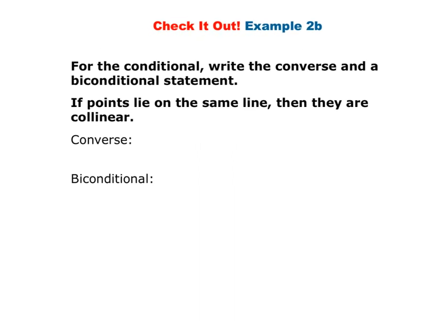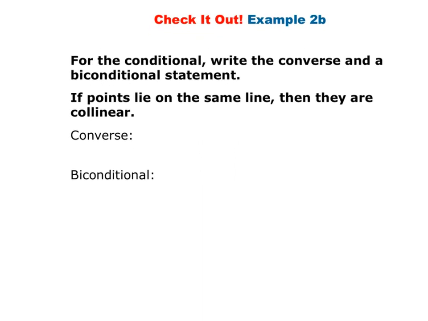Write the converse and biconditional statement. If points lie on the same line, then they are collinear. So we have our P, if points lie on the same line, and our Q, they are collinear. So the converse would be the flip.